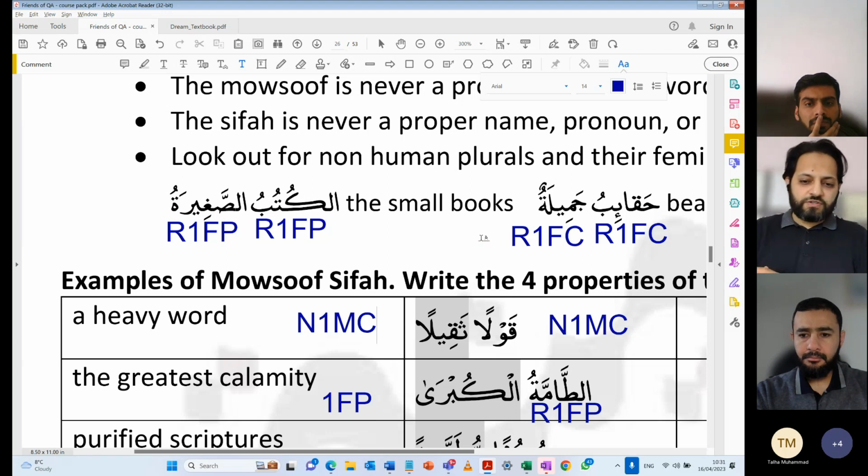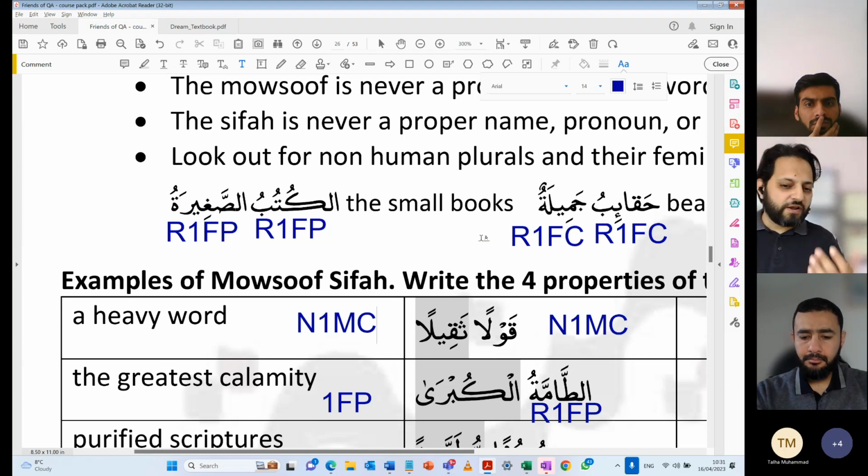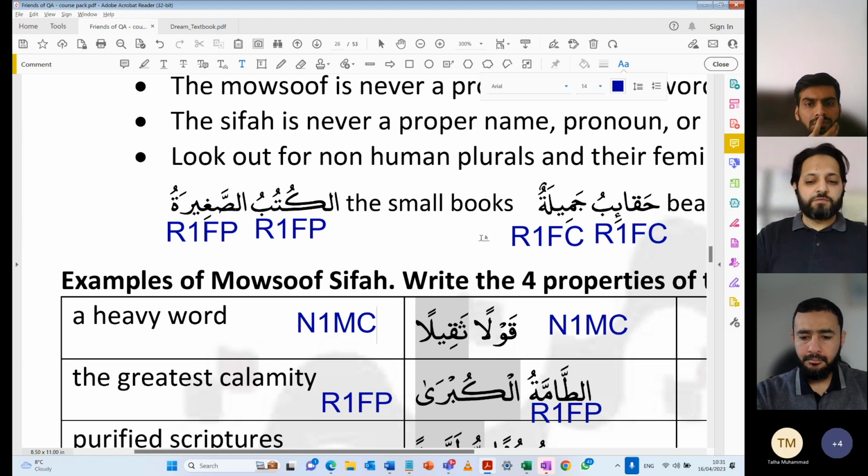Right? Now, because these three properties match, there's quite a bit of evidence to suggest that it is actually Mawsoof Sifa, and I will derive its rafa property because of the Mawsoof. So that's how you decode that property. So if it could be, it is. So that's how the thinking goes. Okay? Otherwise, it doesn't show you the status.